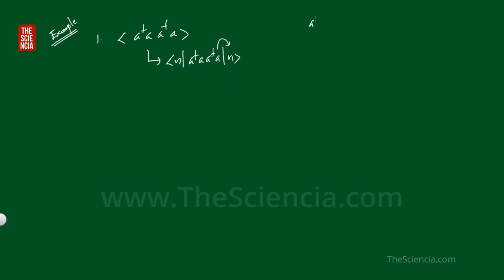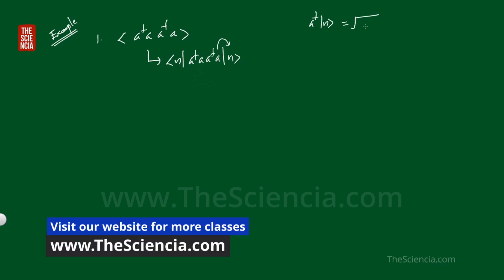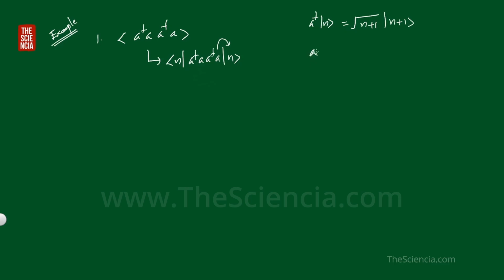We know if the creation operator operates on some state n, we will get the eigenvalue root n plus 1 and state n plus 1. If the annihilation operator operates on a certain state n, then we will get root n ket n minus 1. Okay, this is the rule.